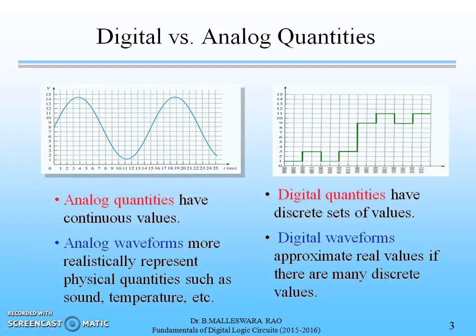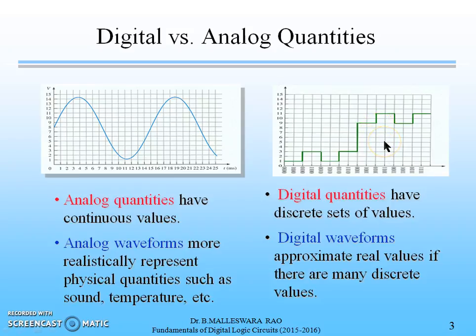To understand the working of digital systems, it is important to know how digital quantities are different from analog quantities. As depicted in this diagram, analog quantities have continuous values. This means that the quantity is defined for every instant of time.